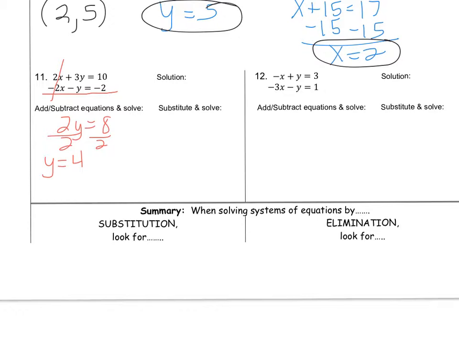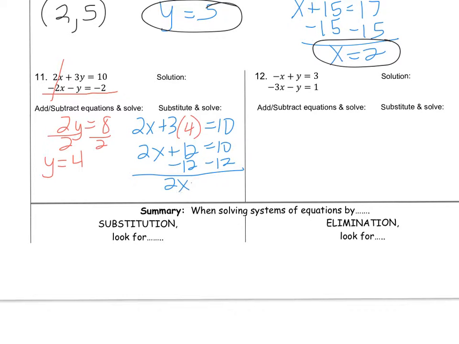So I'm going to say 2x plus 3, but instead of y, I'm going to substitute in 4 equals 10. And then I'm going to bring it down. So I got 2x plus 12 equals 10. Subtract 12 on both sides. And I've got 2x equals negative 2 and x equals negative 1. So my solution is negative 1, comma 4.